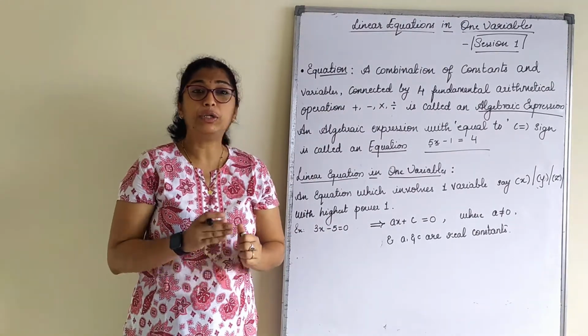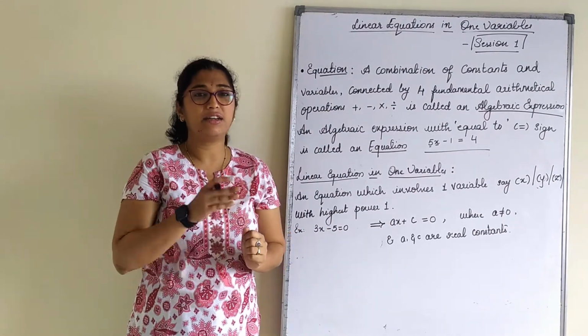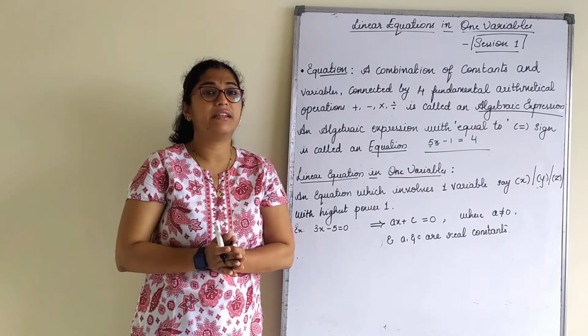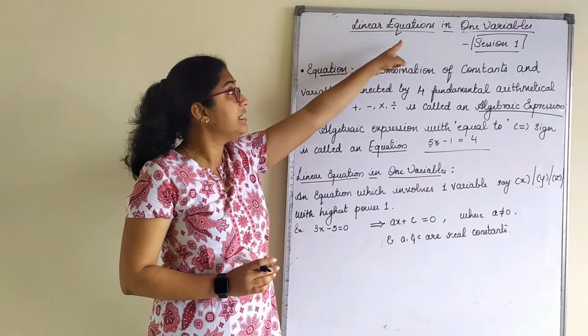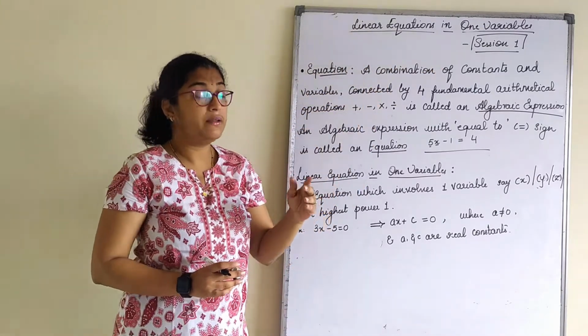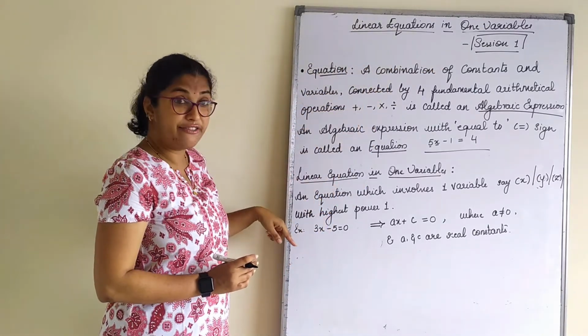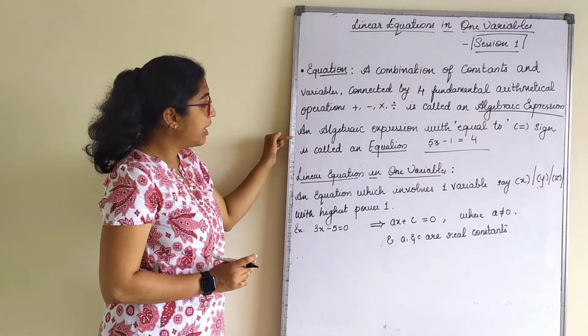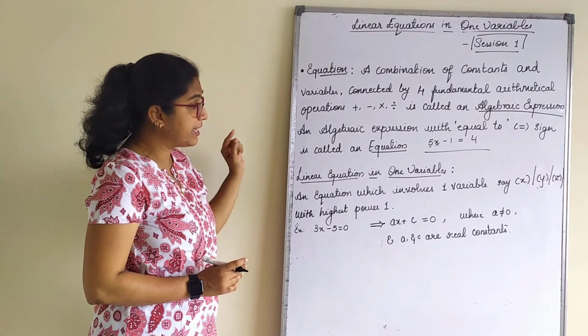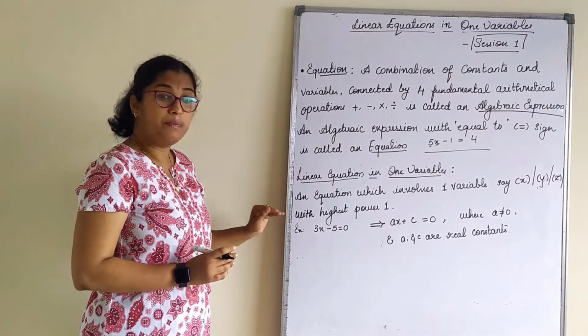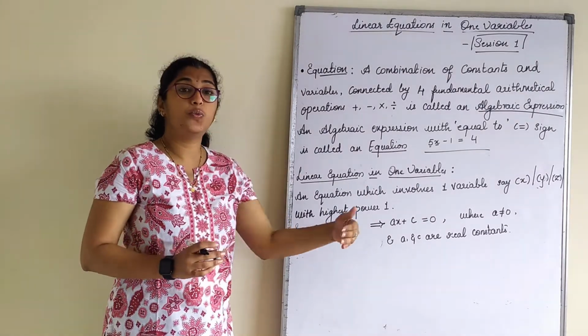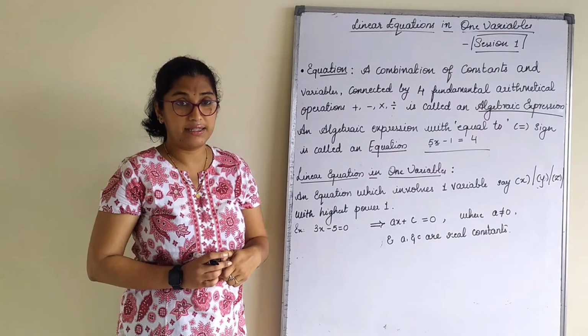Please watch the video carefully and clearly. All the instructions are given in the video. Okay. So give the heading as linear equations in one variable. Then start with these definitions, that is equation, algebraic expression, linear equation. Complete this. After this, we can start with the exercise.